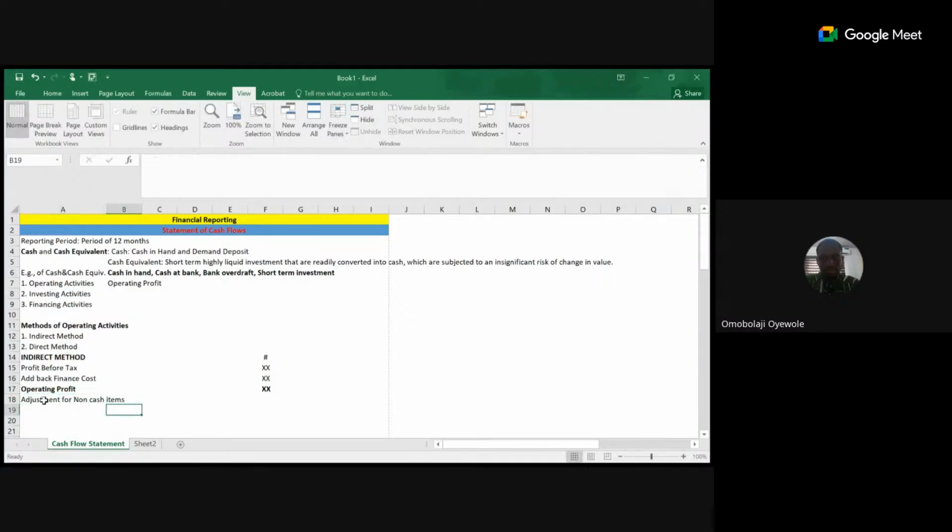Now, why is it necessary or important to make adjustment for non-cash items? It's very important because, in deriving your profit, there are some expenses we have incurred that don't deal with movement of cash, and there are some incomes that we have generated for the period that also do not deal with movement of cash.